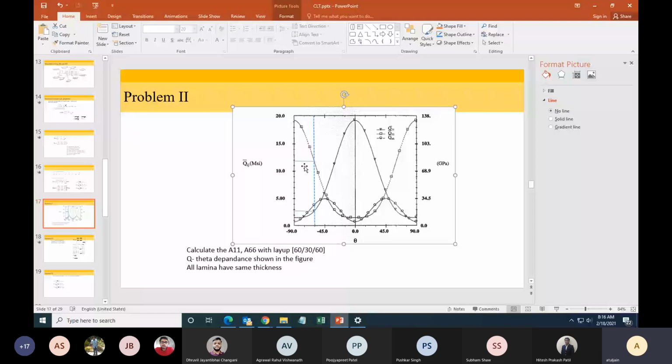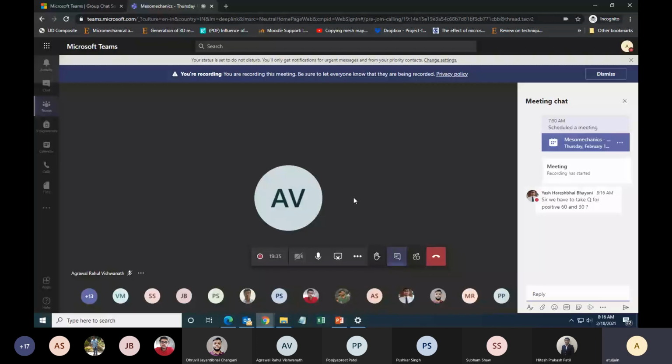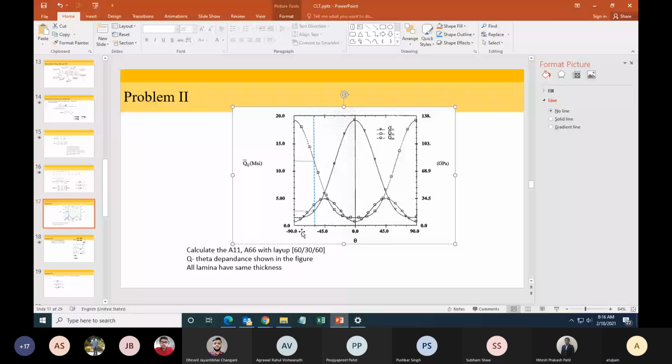Similarly, A66 you can calculate by looking at how A66 is varying. So do we have to take Q for positive 60 and 30? Q is symmetric about plus and minus 60. So normally it should not matter.